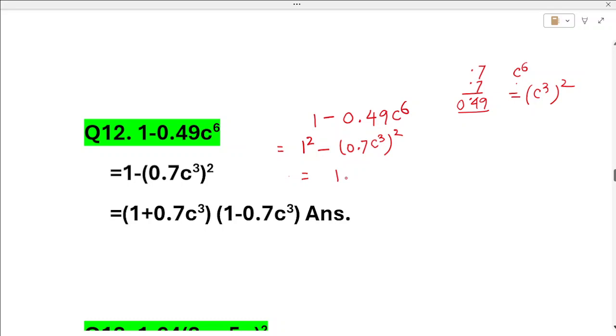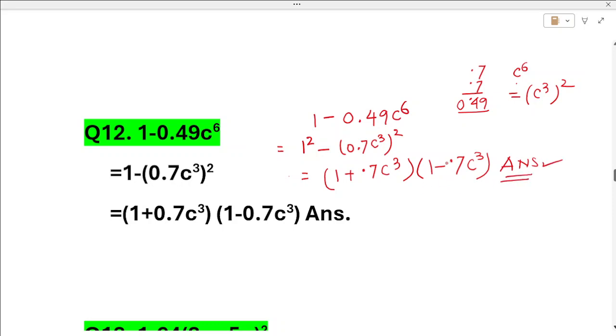If you put the sum term first, you can write it as 1 plus 0.7 c cube, and the other term is 1 minus 0.7 c cube. So this is your answer.